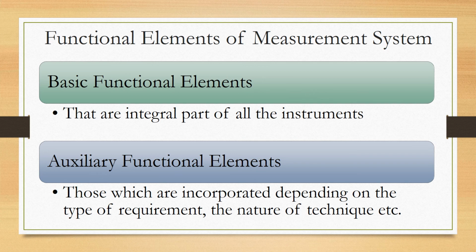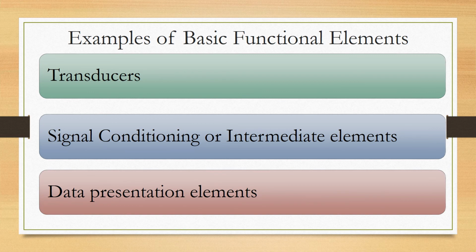Now let us see the elements. So first we will see examples of basic functional elements. There are three basic functional elements that are present in every measurement system or instrument.